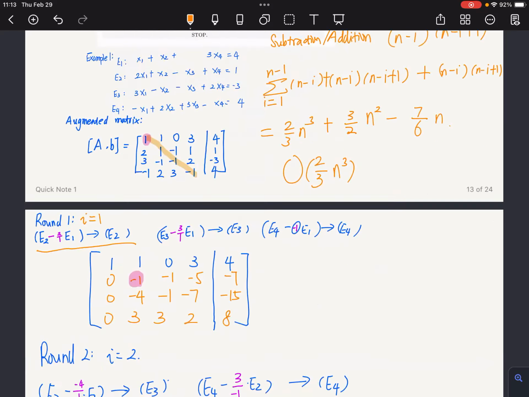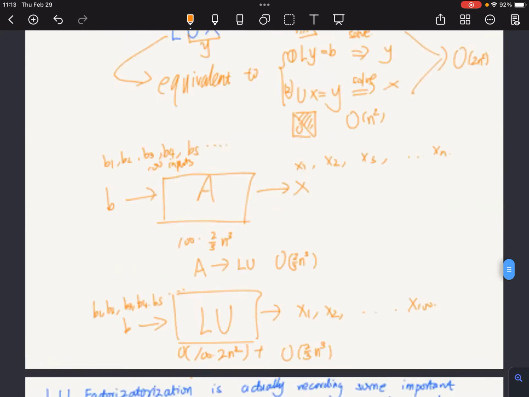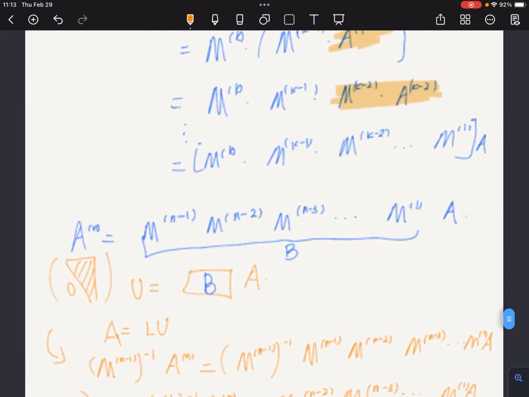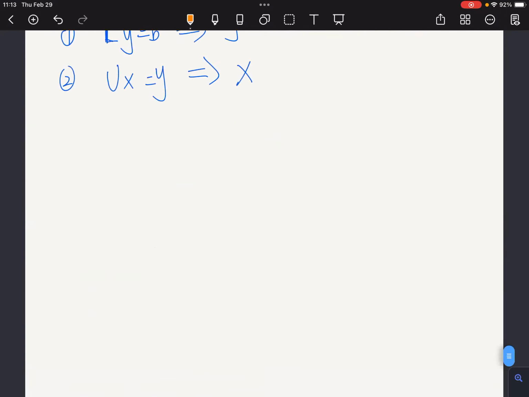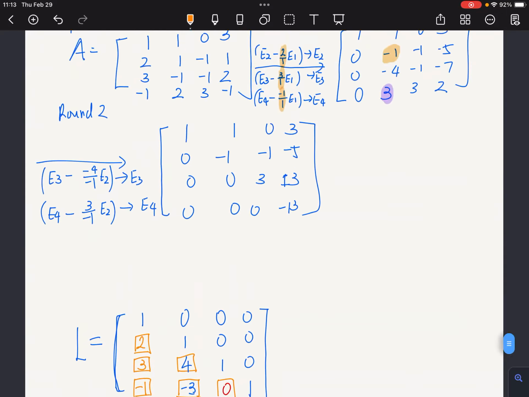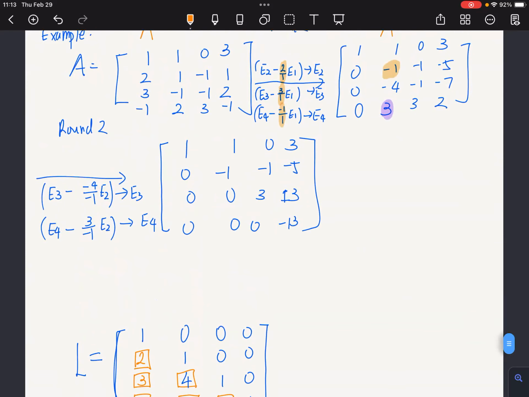If you go back to the LU operation, let's look at the example so you can understand. If you want to solve a linear system with LU factorization, at the very beginning you have one Gaussian elimination computational cost.